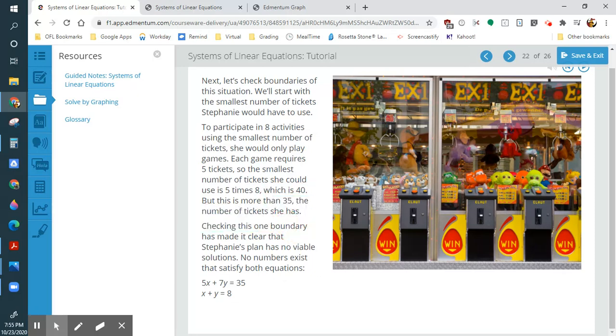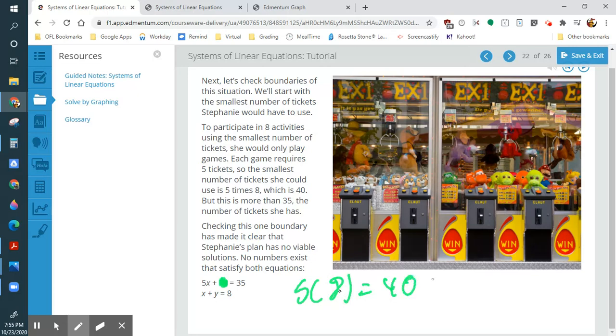This is just talking about why this doesn't work, and the reason is pretty obvious. Let's say he doesn't even bother with rides because they're kind of expensive. It's 7 tickets, so I'm just going to play 8 games.